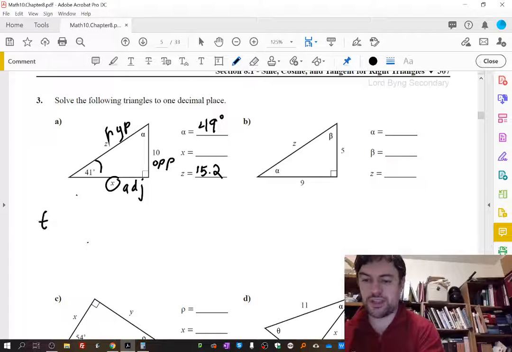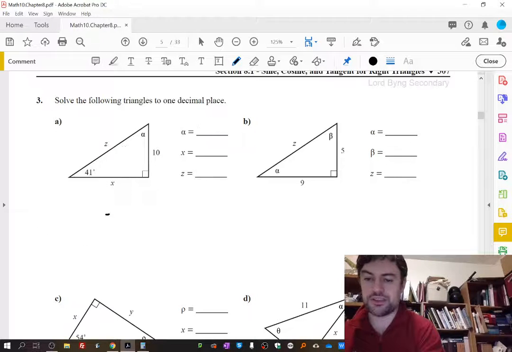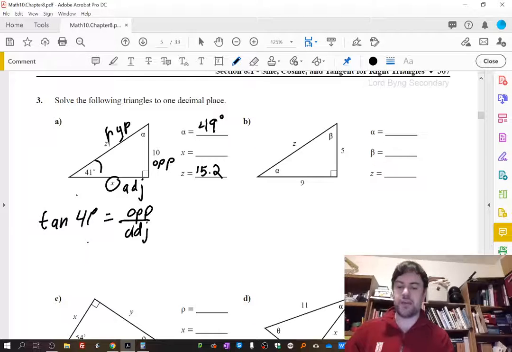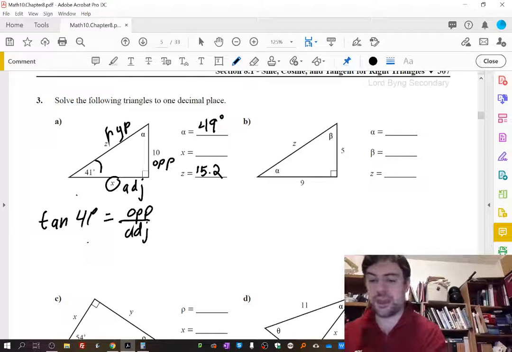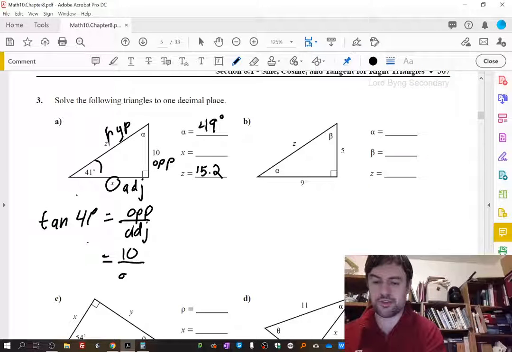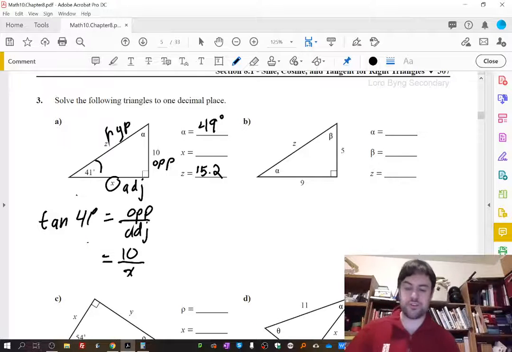So I can set up the tan ratio. The tan ratio for 41 degrees is going to be opposite over adjacent. I know my opposite side is 10. I'm still looking for the adjacent side, that's x. And tan of 41 degrees, I'll look that up right now.